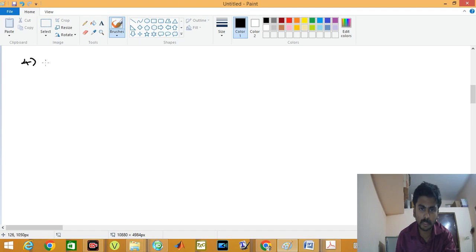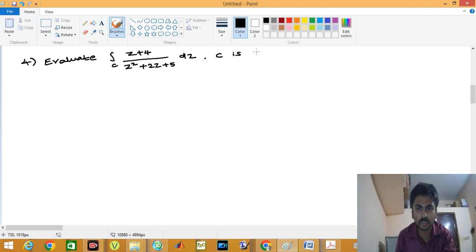The problem here is: evaluate the integral over C of (z plus 4) divided by (z square plus 2z plus 5) dz, where C is the circle given by modulus of z plus 1 plus i equal to 2.